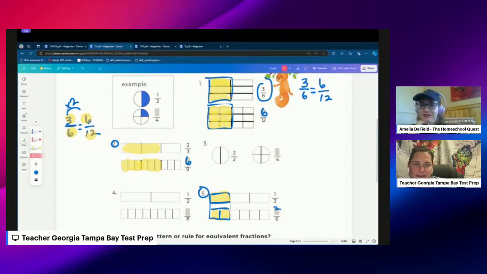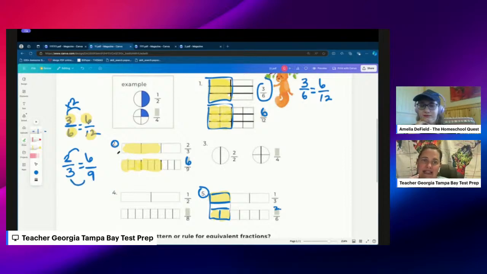Let's try the same pattern now with the other one. So we had, I'm going to give myself more room this time, 2/3 is equal to or equivalent to 6/9. Okay, it's the same math. Whatever we multiply by the top, the numerator, we have to also multiply by the denominator.